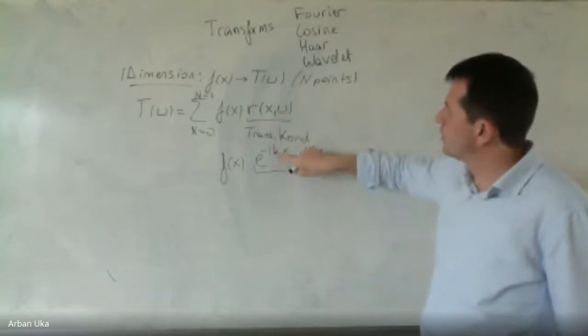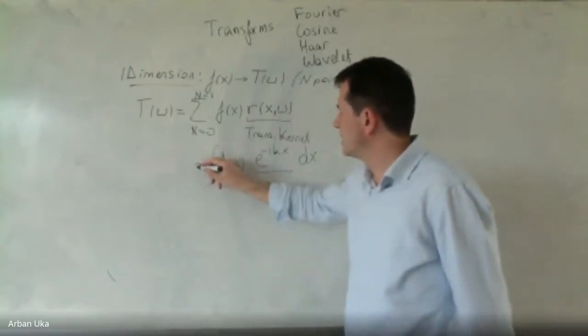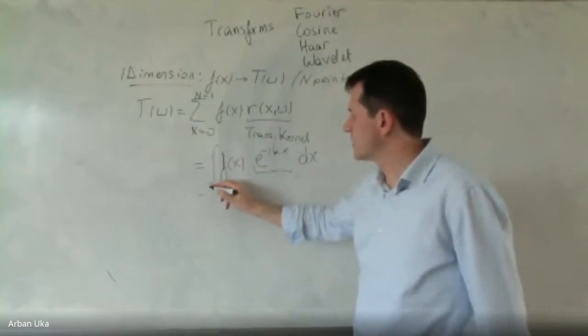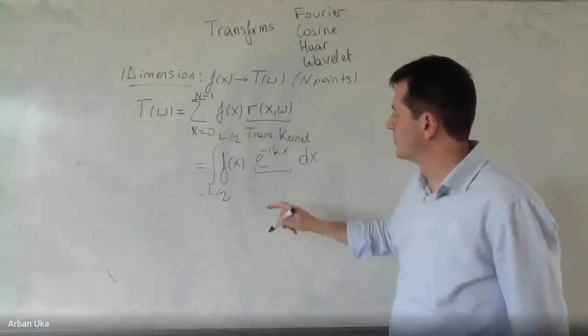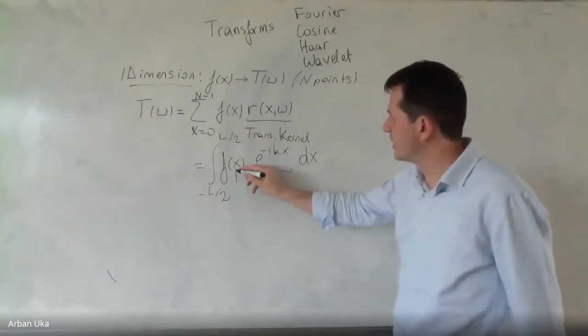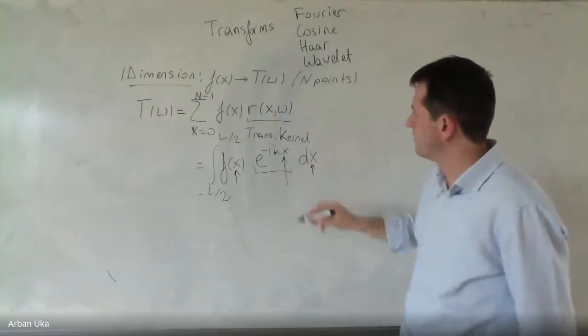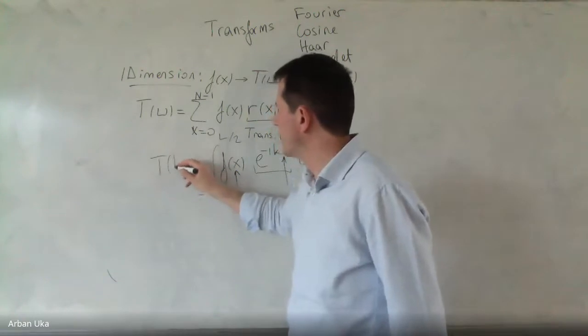This kernel, we want to write in a discrete form like this. And then if we integrate on the other side, this integration has limits. Let's assume this is integrated from minus L over 2 to L over 2. If we are integrating over x, then the function that will be left will be a function of k.